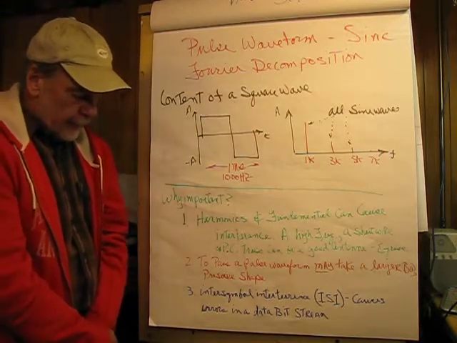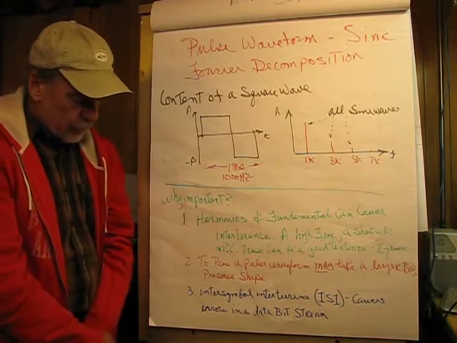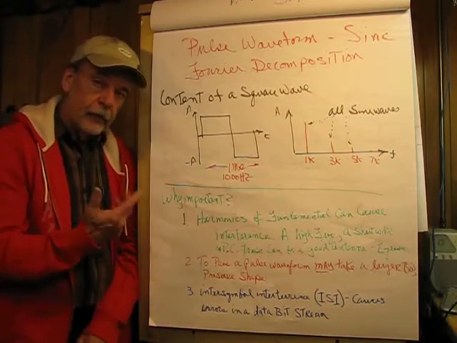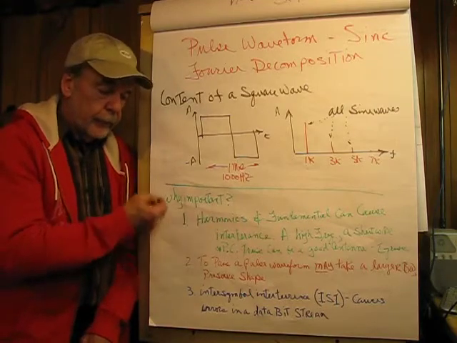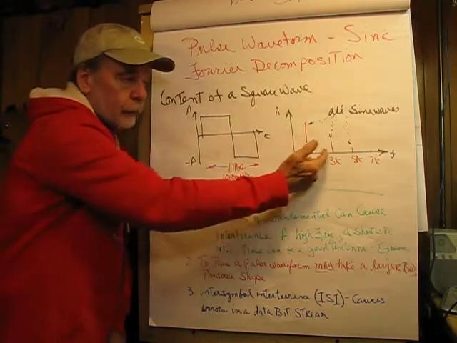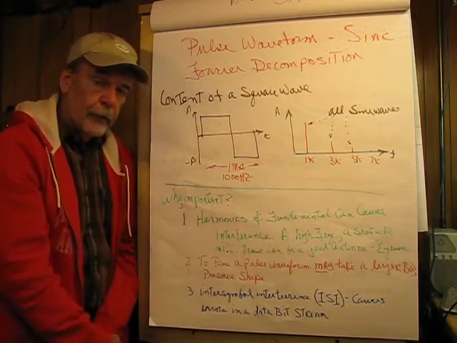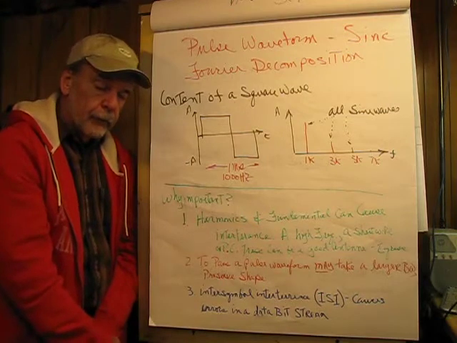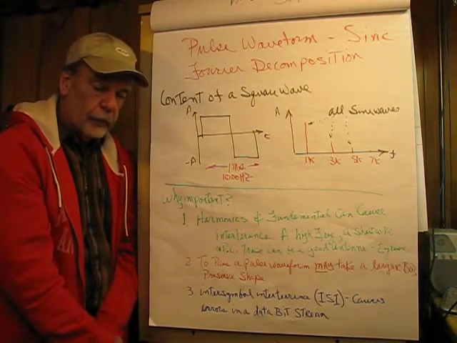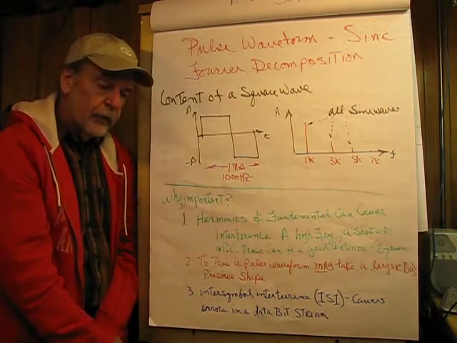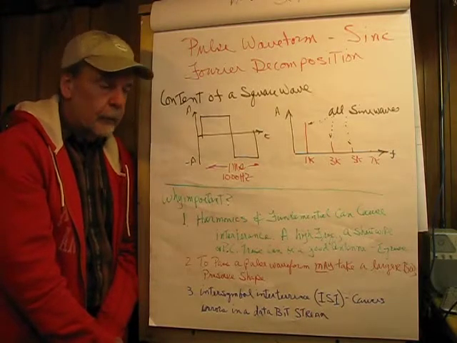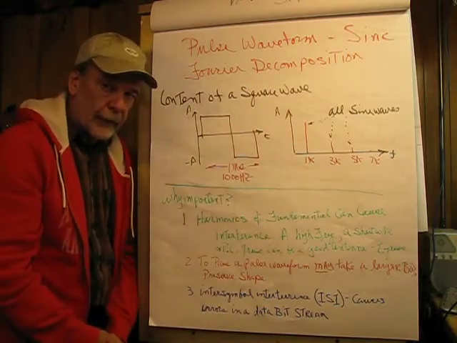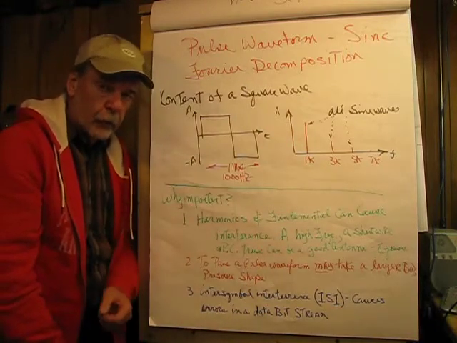And third, these harmonics cause a problem called inter-symbol interference, abbreviated ISI, where the ringtails associated with one pulse tend to interfere in the time slot of following pulses. So the receiver, who has to take all of this and convert it into ones and zeros, is more likely to make an error if we have significant ringtails or subsequent harmonics that can interfere with following pulses.